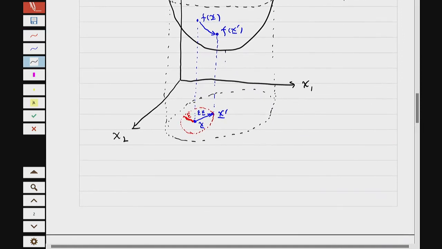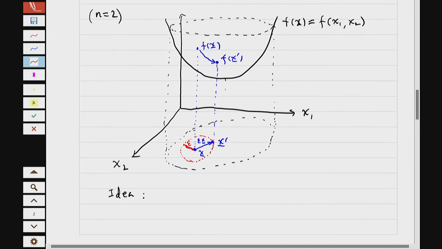But what criterion do we want to use when we choose the direction to go? Well, one good one is a greedy method, to say that I want to go as low as I can on the surface. So I want to go in a direction that allows me to drop f of x prime as much as I can. Or another way to say it is that the difference between f of x and f of x prime is maximized. But they're the same thing.